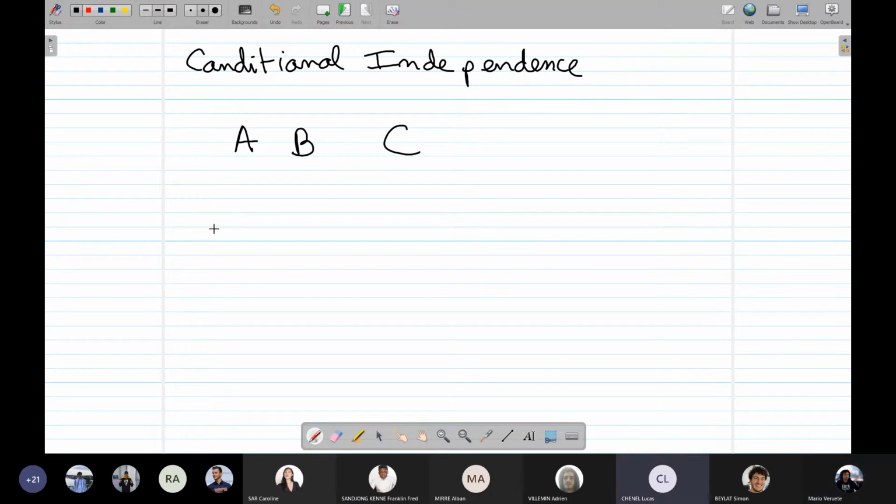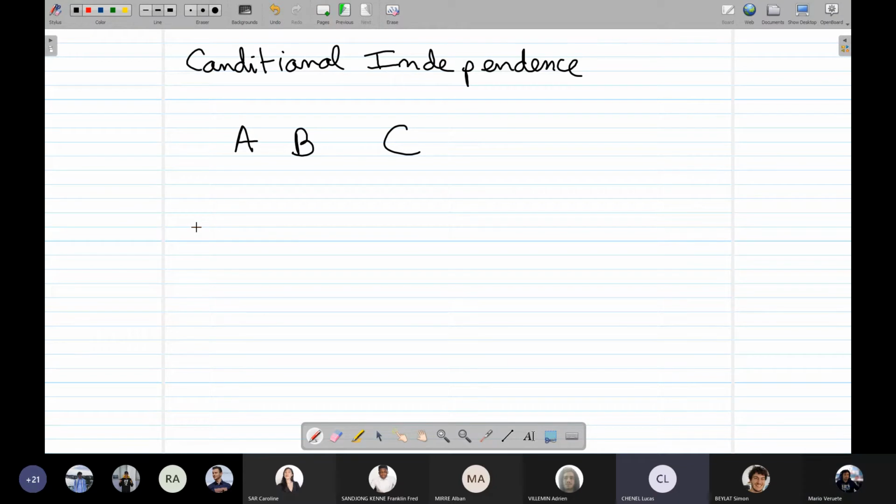Yes. I don't know. Hein, qu'est-ce que ça veut dire que 2 événements sont conditionnellement indépendants? Je peux le faire en français ou pas? Ça vous dérange? Oui, non, vas-y.